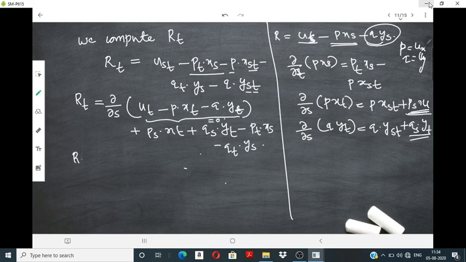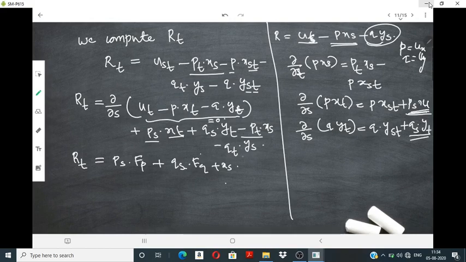So we can rewrite r_t as p_s into x_t plus q_s into y_t. We can write x_t as f_p, so p_s into f_p plus q_s into y_t, where y_t is f_q, minus x_s into p_t.